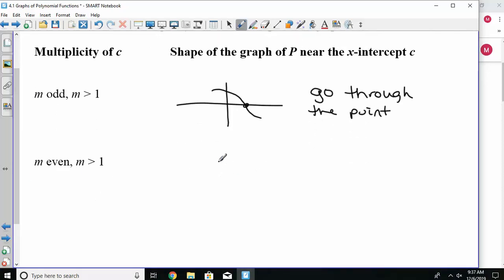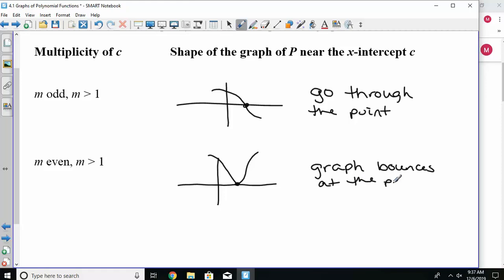If you have an even multiplicity, like 2, our graph hits it and it bounces back up. So even multiplicities bounce, odd multiplicities go through.